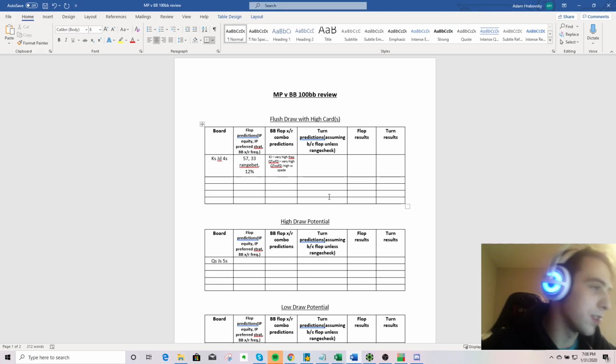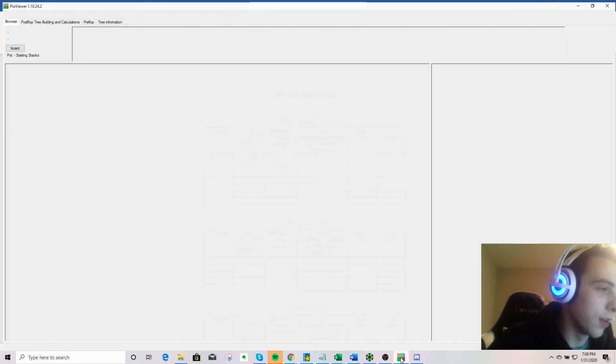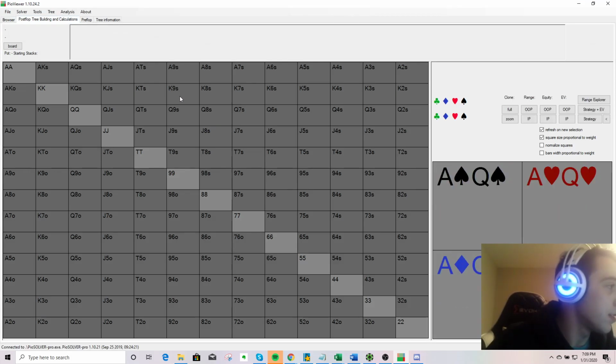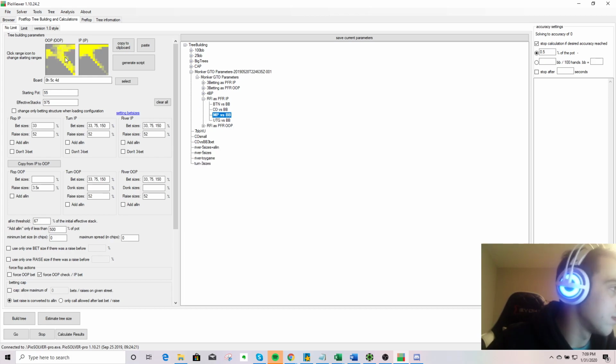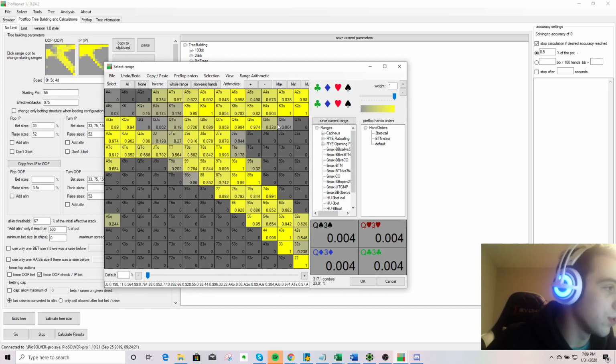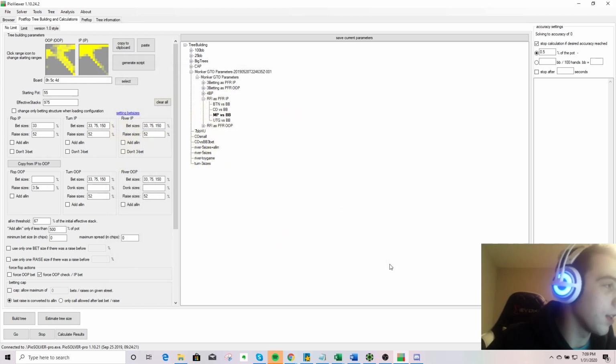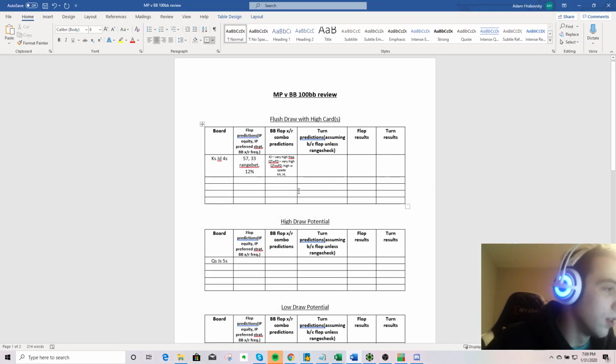Other check raises here, King 4, Jack 4. If that's in the big blind defending range here, I'm actually not sure about that. Let's see. Jack 4 suited is not in the big blind defending range here. Okay.